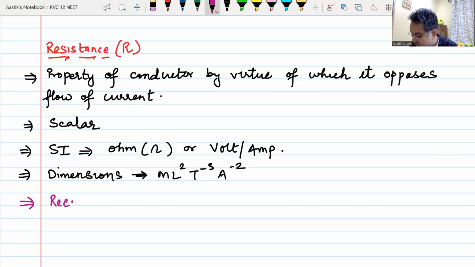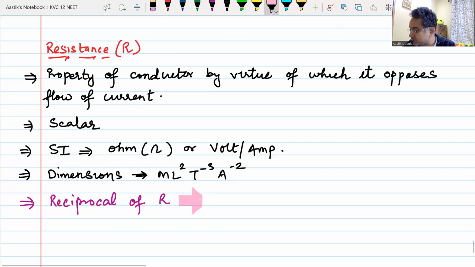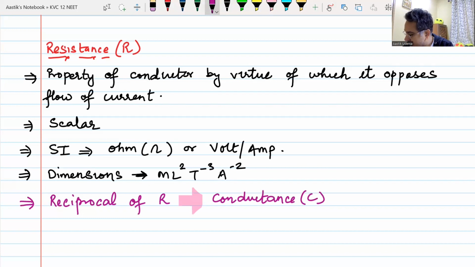Reciprocal of resistance is known as conductance, C, and this C will be equal to 1 by R. Do we understand this?